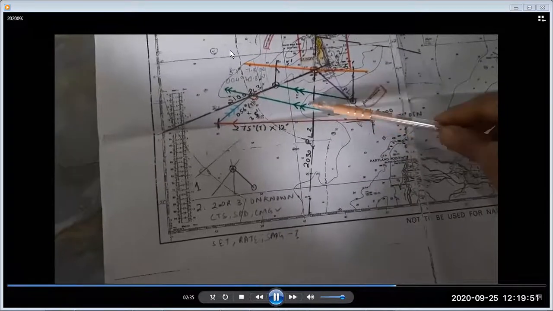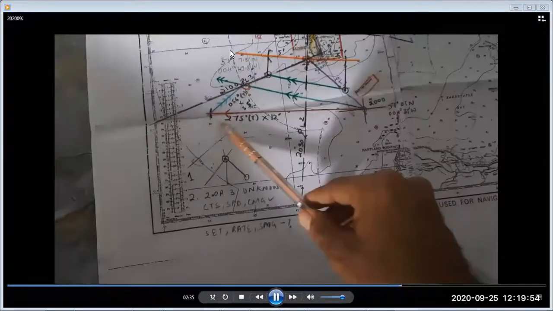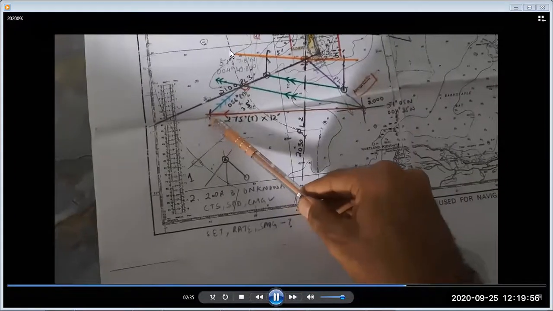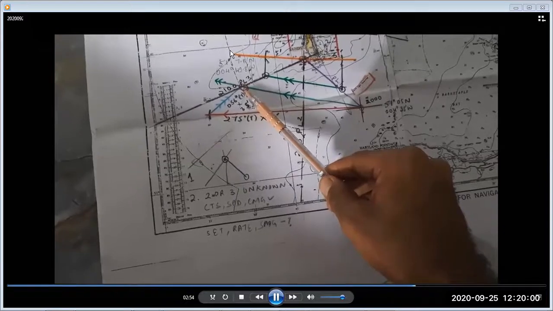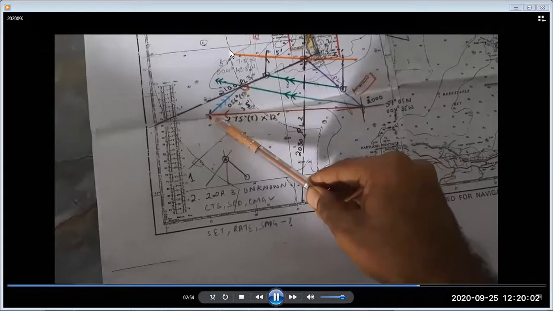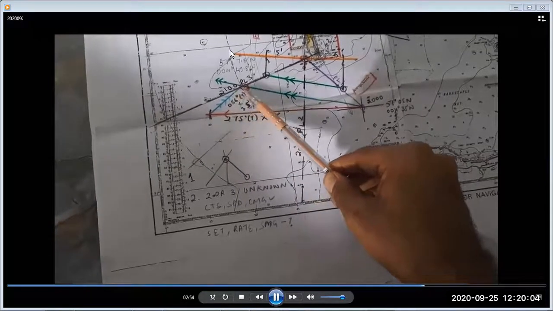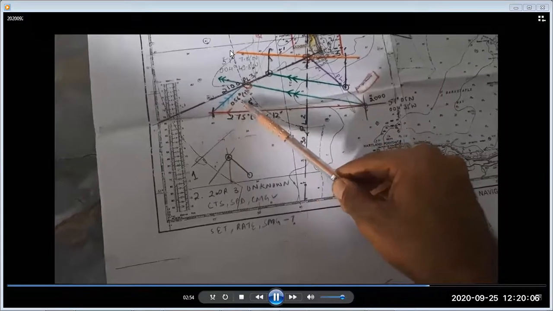Normally we plot course to steer, but we have the position in this, so we plot the course made good from here and course to steer from here, and we cut the engine speed and we get this course made good 2100 position. We join the course to steer and this course made good position to get the set and drift.